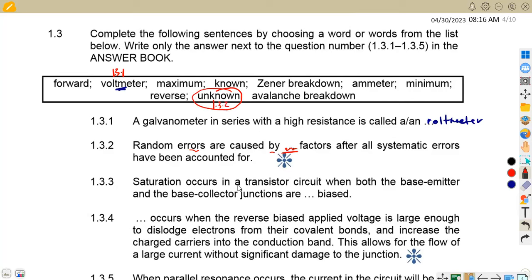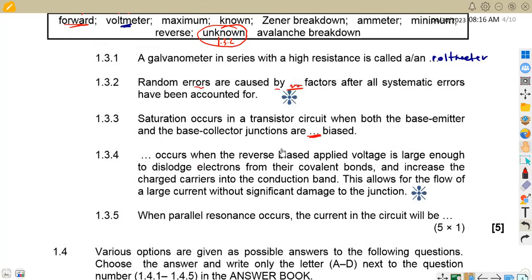Saturation occurs in a transistor circuit when both the base emitter and the base collector junctions are forward biased. So this is forward, when they are forward biased, which is 1.33. Okay, then this part we are given that it occurs when the reverse biased applied voltage is large enough to dislodge electrons from their covalent bonds and increase the charged carriers into a conduction band.